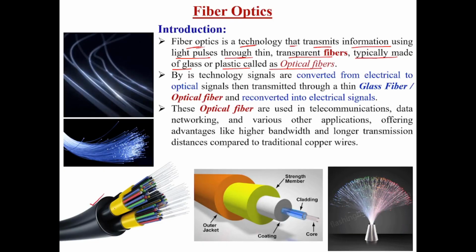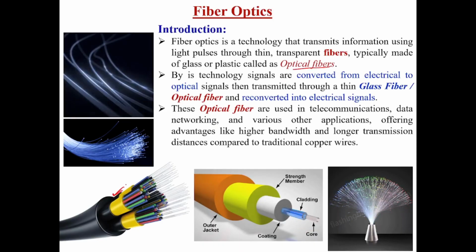The internal part, the core, is a glass tube like this, and it is made up of two materials: one is the core part and another is the cladding part. Suppose the core refractive index is n1 and the cladding refractive index is n2. n1 is greater than n2. Why and how, we are going to discuss later in this lecture series. So this is the physical appearance of optical fibers.